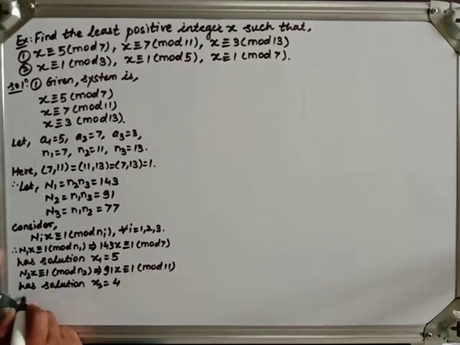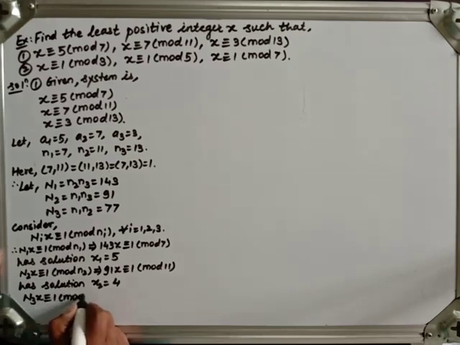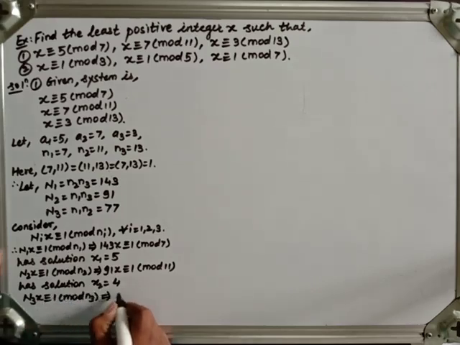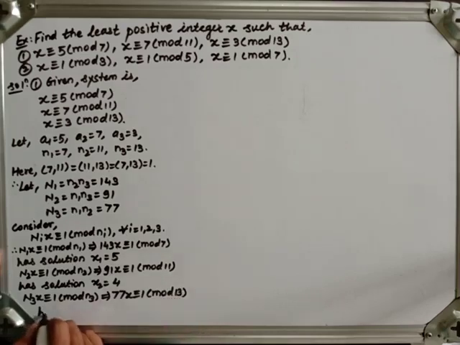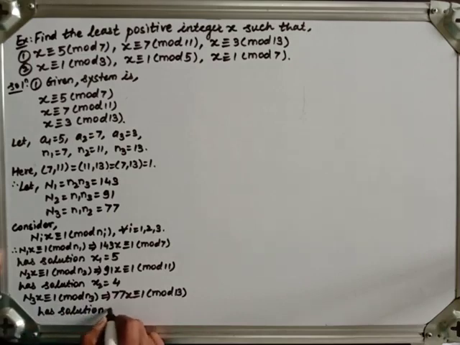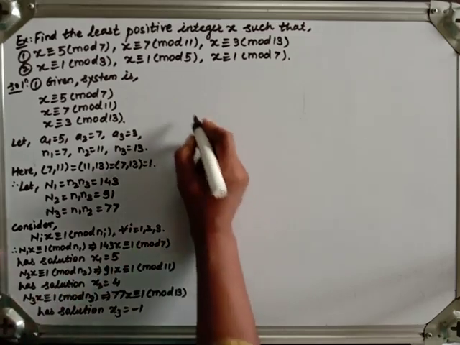Then N3 x congruent to 1 modulo n3 gives us 77x congruent to 1 modulo 13. Now it has a solution x3 as minus 1. It will become minus 77 minus 1, so minus 78, so that is divisible by 13. Fine. So x3 is equal to minus 1.